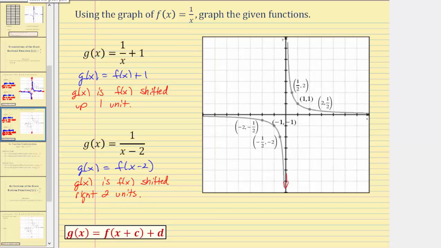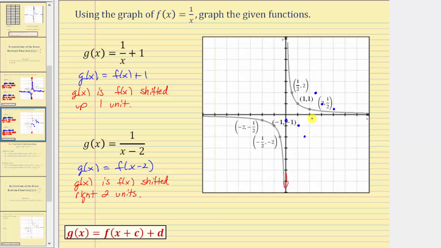So we'll take the 6 key points on the parent function and shift each of them right 2 units. So this point right 2 units, this point right 2 units, and this point right 2 units. This point right 2 units, this point right 2 units, and this point right 2 units.